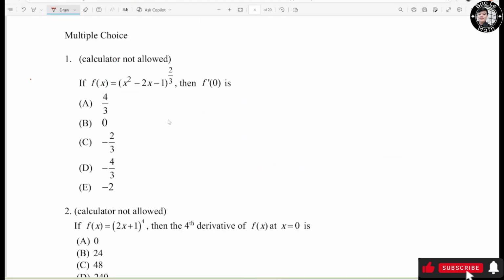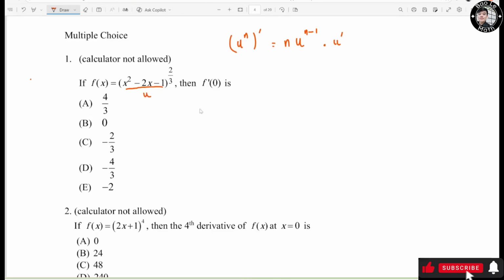Now let's move on to question 1. If the function f of s is given by this one, then we need to find f prime of 0. So we're going to use the chain rule: u to the n, prime, is n times u to the n minus 1 times u prime. u in this expression is s squared minus 2s minus 1.